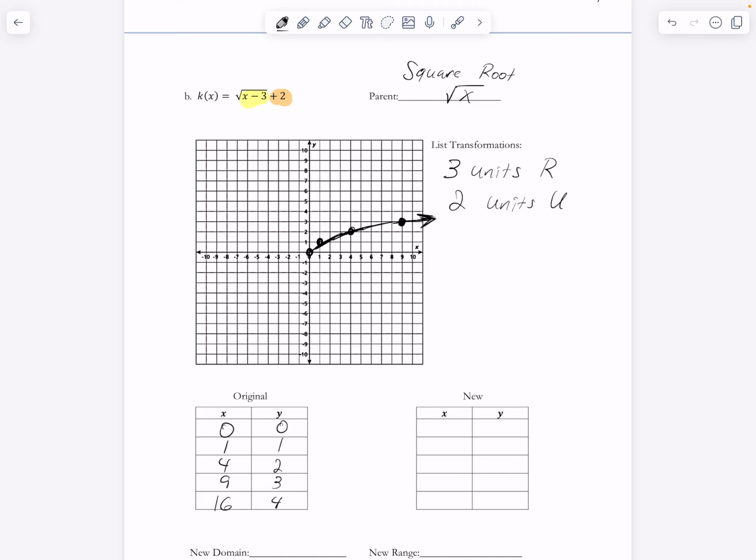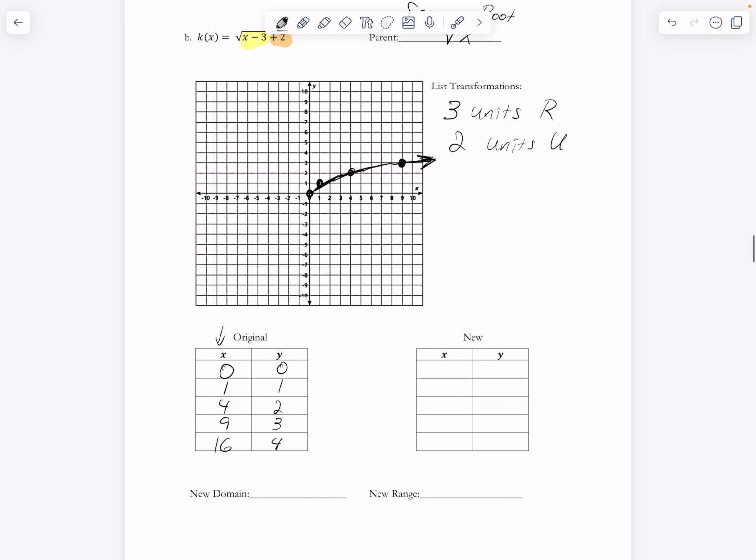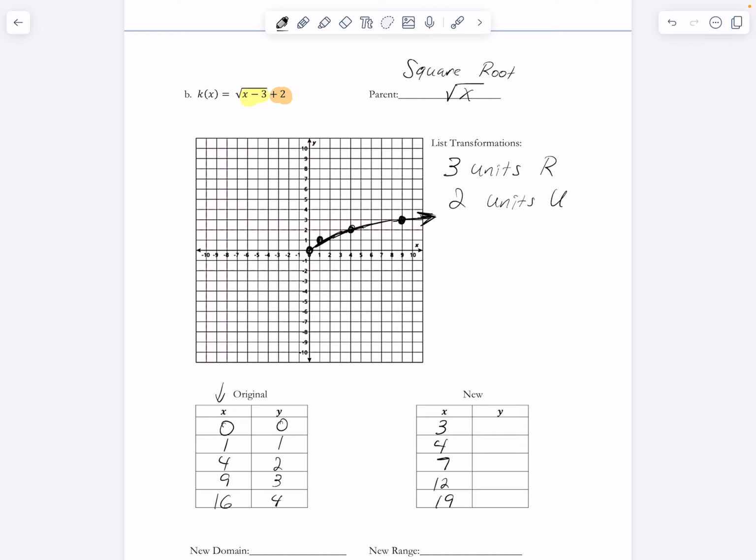And when I look at this one, because of that 3 units to the right, I'm going to take each of these original x values and move them 3 units to the right, so +3 for each of those. So that's going to be 3, 4, 7, 12, and 19. Again, you can go ahead and plug them into a calculator like I did in Desmos before I started making this video.